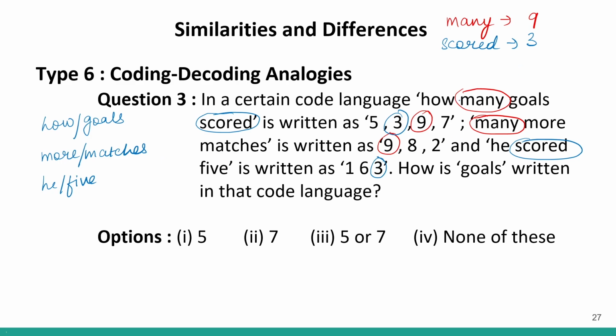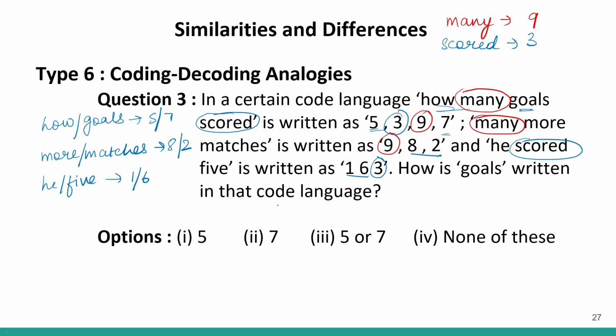If scored is coded as 3, he and 5 will be coded as either 1 or 6, which we cannot fix, right? But we can get a rough idea. Similarly, for more and matches, it could be 8 or 2. And for how and goals, it could be either 5 or 7.